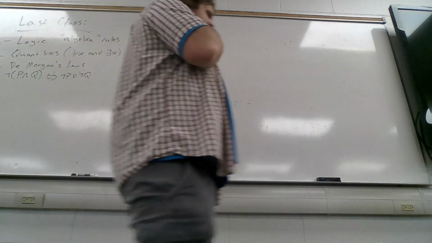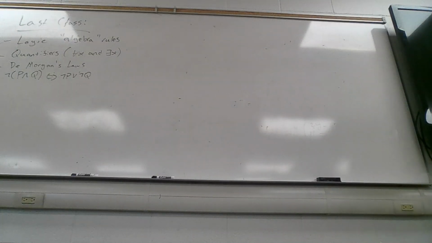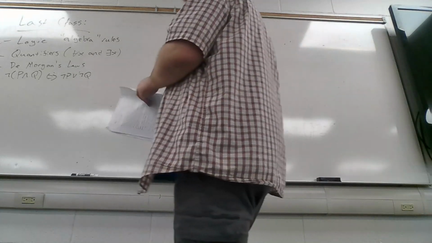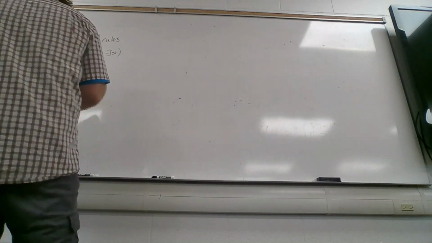So today, what we're going to do is go through some examples of using these algebra rules, because, well, it's algebra, right? And a lot of it matches familiar algebra rules from high school or before. So I figured, hey, let's just do some examples of it so we can get comfortable with it.